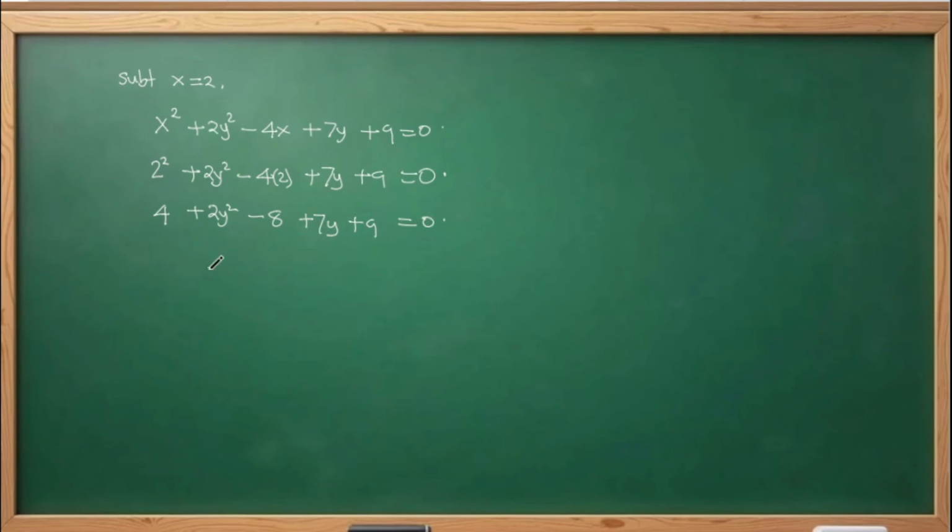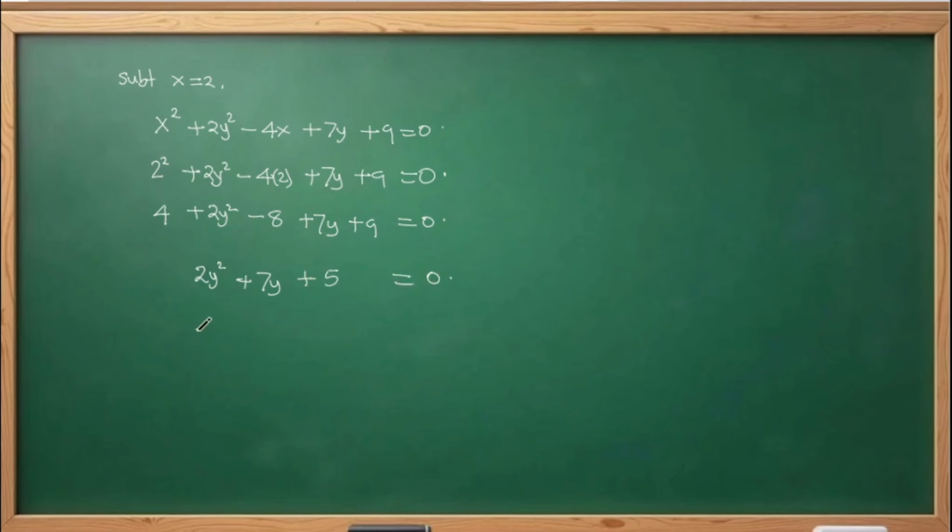We can start with the leading term here, 2y squared, then the next one here is plus 7y, and we sum the constants together. This one simplifies to positive 1, and positive 1 added to 4 makes 5.